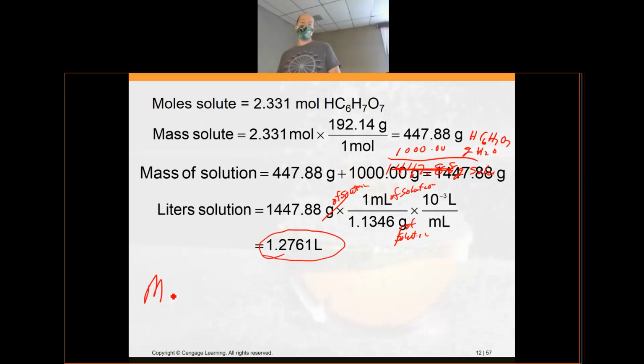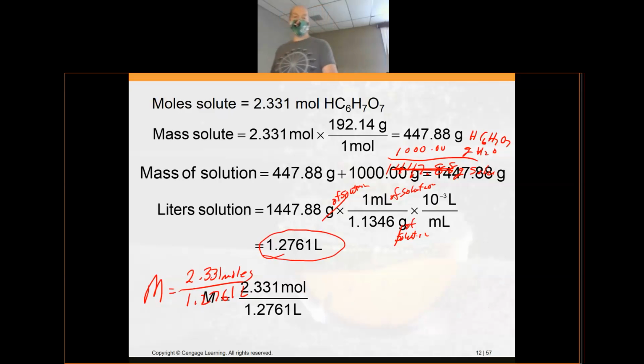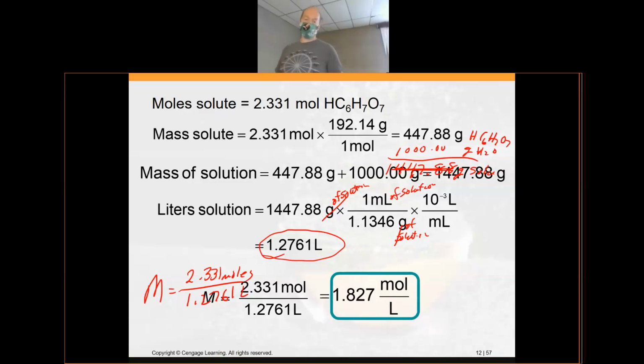And so to get the molarity, we take our moles, 2.331 moles, and divide by the liters of solution, 1.2761 liters. And that is how we get our molarity. And that answer to 4 sig figs is 1.827 moles per liter.